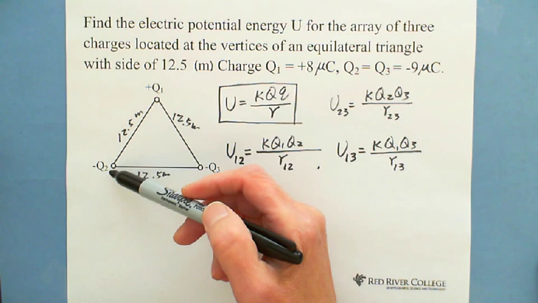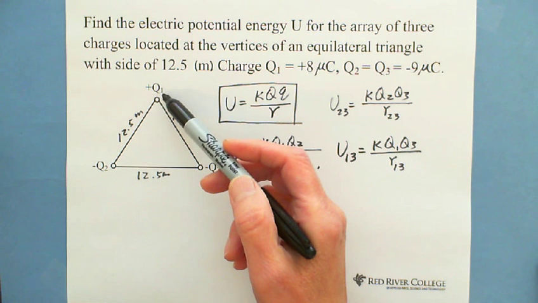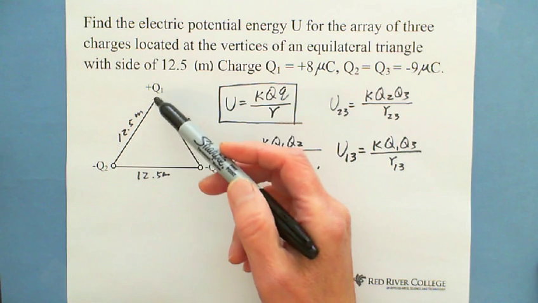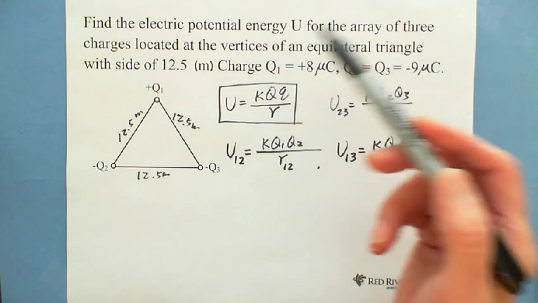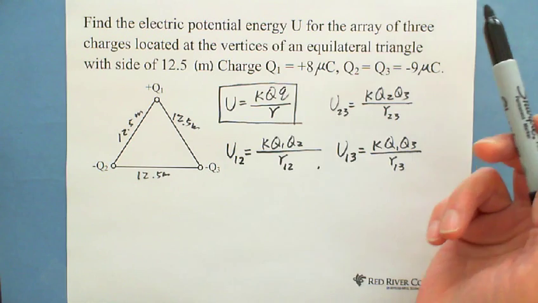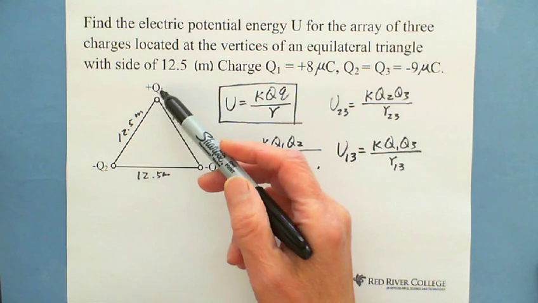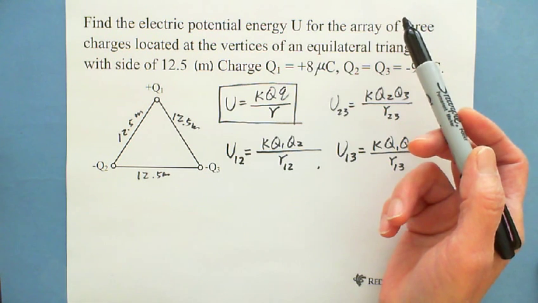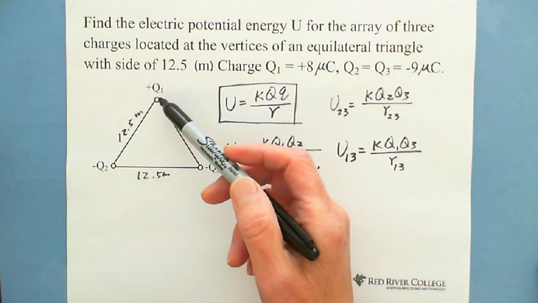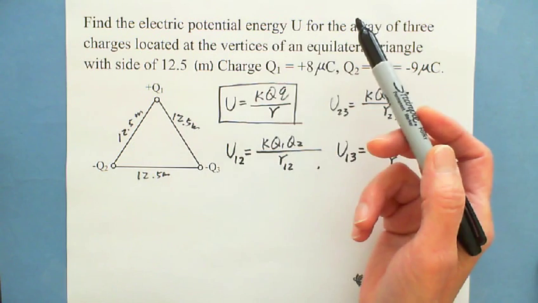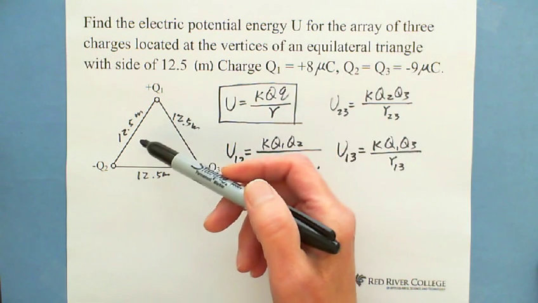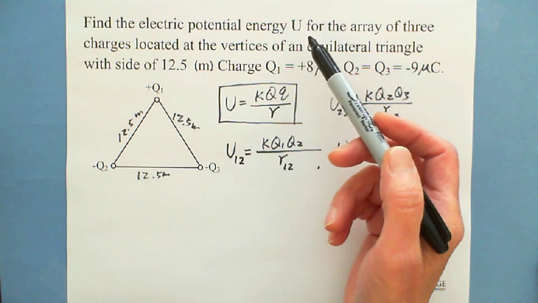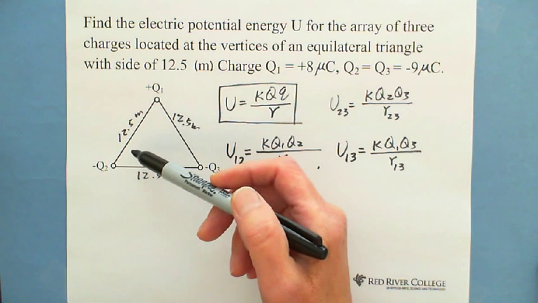Q2 is negative and Q1 is positive, so they attract each other. When you bring Q1 from outside into the field, the direction of moving and the direction of the electric force are the same, so the electric field force is doing work.